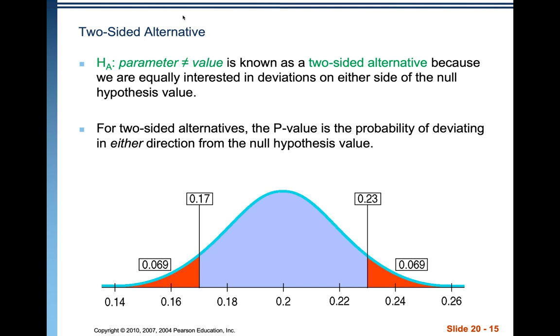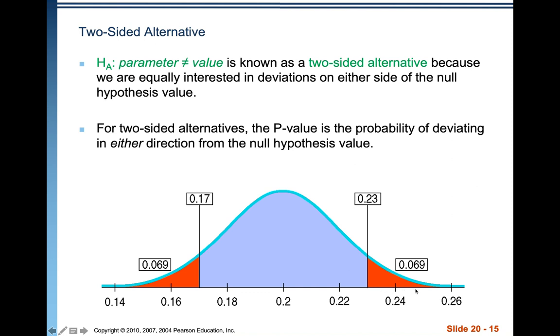When you are doing the two-sided alternative, the parameter not equal to the value, the p-value is going to be the probability of deviating in either direction from the null hypothesis value. So you're going to see what your results were and find where that lies on the horizontal axis.